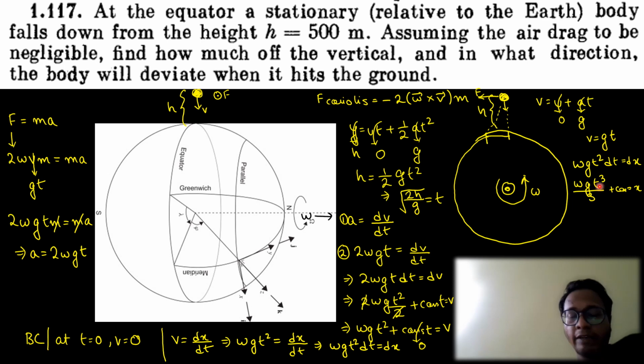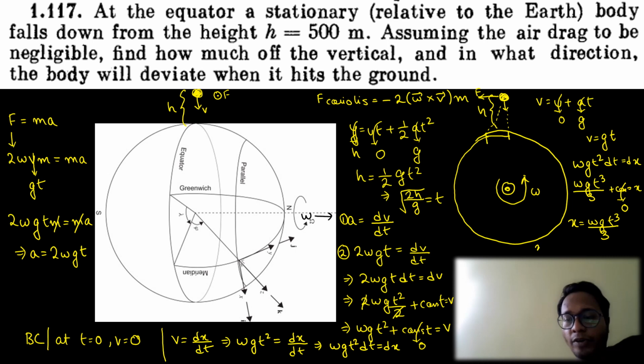If you put the boundary condition at t equals 0, the x component of displacement was equal to 0 because the particle started from here. So if you put t equals 0 and x equals 0, the value of the constant becomes 0. So x is equal to omega g t cube by 3. And what is the time in which the particle reaches down? Time is equal to the square root of 2h by g.